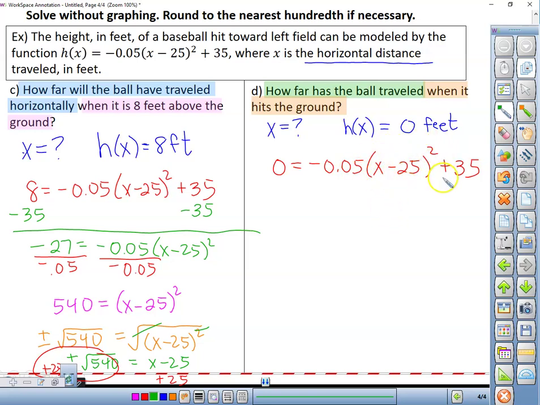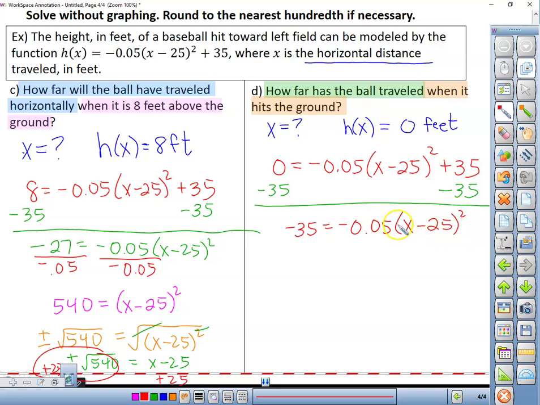We're going to undo addition first and subtract our 35. Zero minus 35 is negative 35 equals this. So then our next step is going to be to undo the multiplication and divide both sides by the negative 0.05.